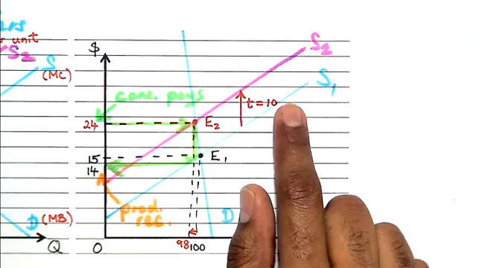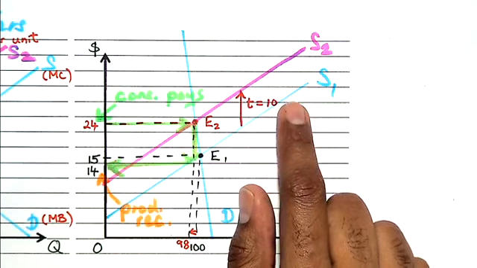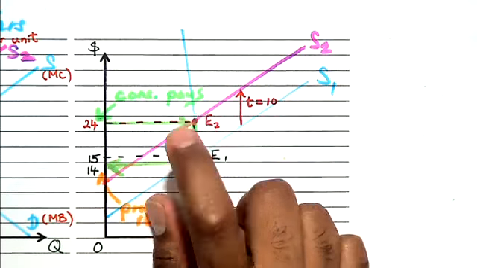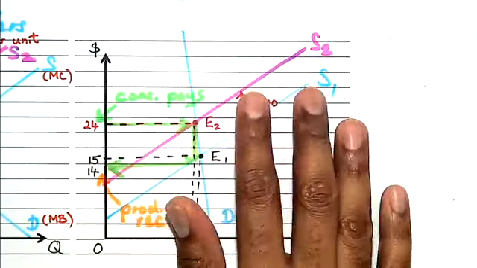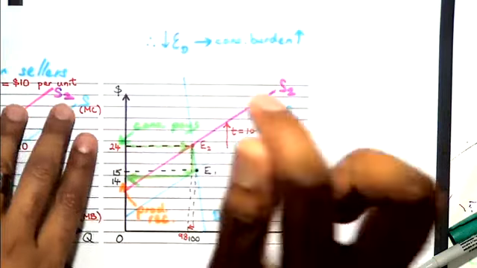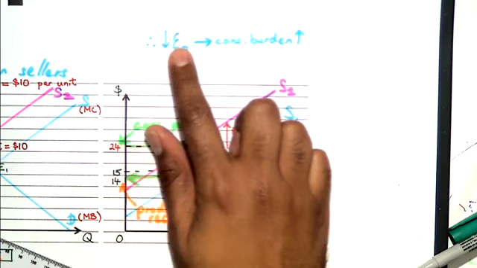Everyone say wow. Amazing, isn't it? Who did the government impose it on? Producer. Who actually pays the tax? Both. In this case, mostly the consumer, because the elasticity is quite low. Is that okay?